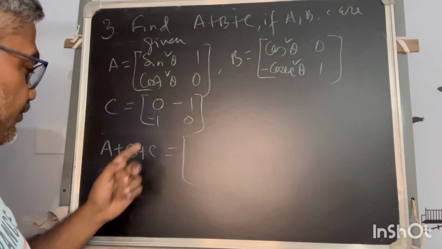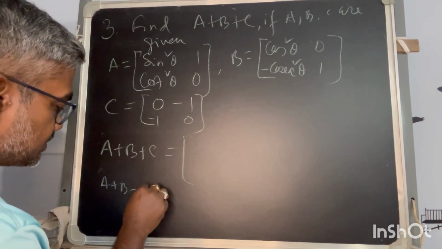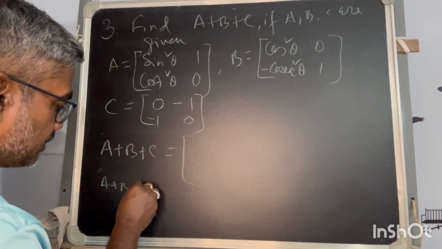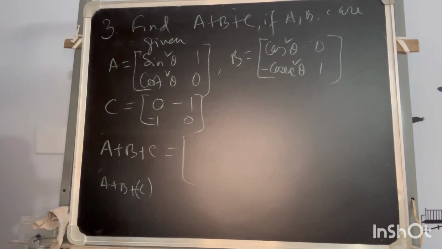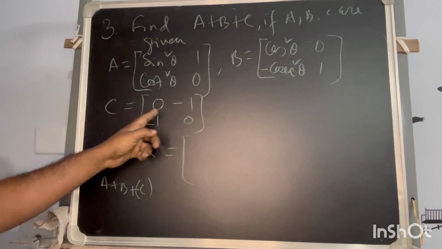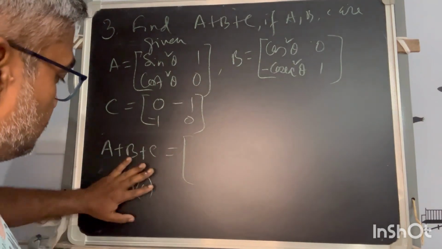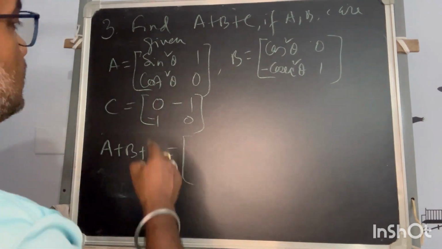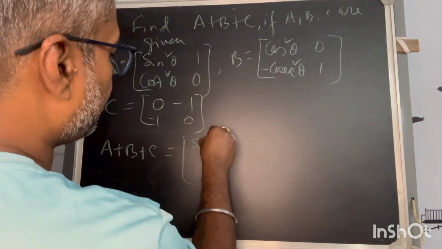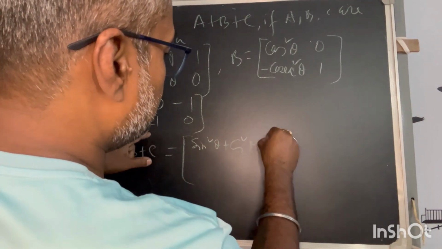So this is the only difference, because if it is, let's say, A plus B minus C, what we can do is convert it this way. Once you convert C to minus C, this will ease your problem and you will go with the addition. Okay, so now here this is only plus, so sine square theta plus cos square theta, and this is equal to 0.